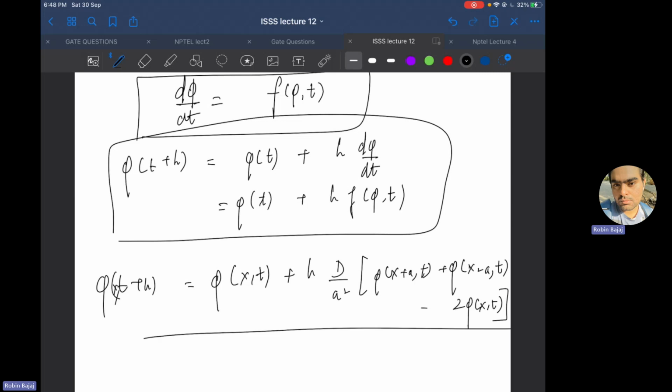That's how you will be just solving such initial value problems. So yeah, these are easy to solve.